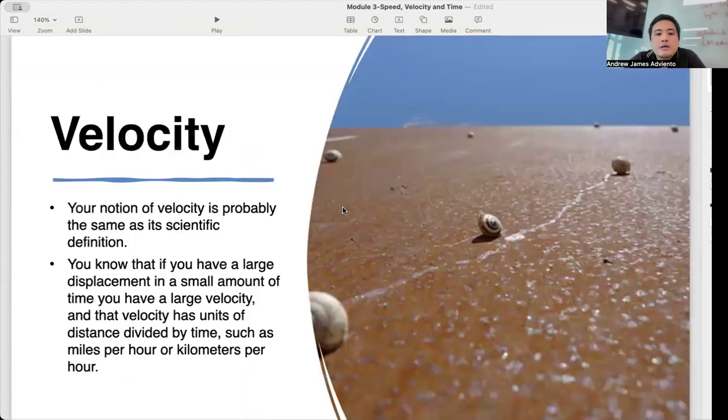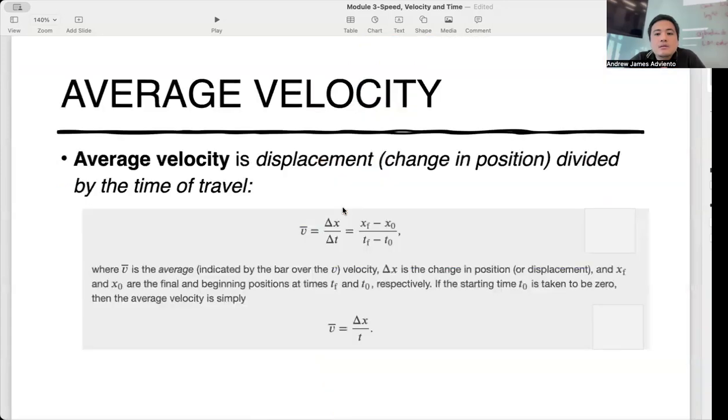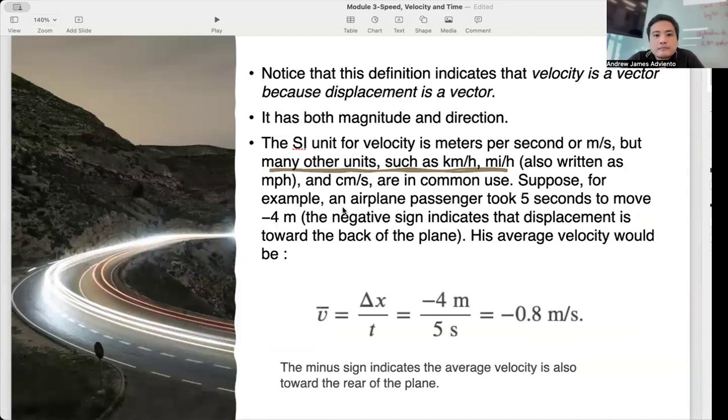The SI unit for velocity is meters per second, or m/s.